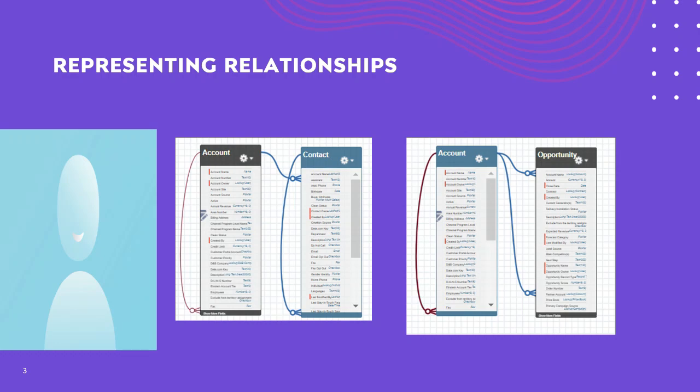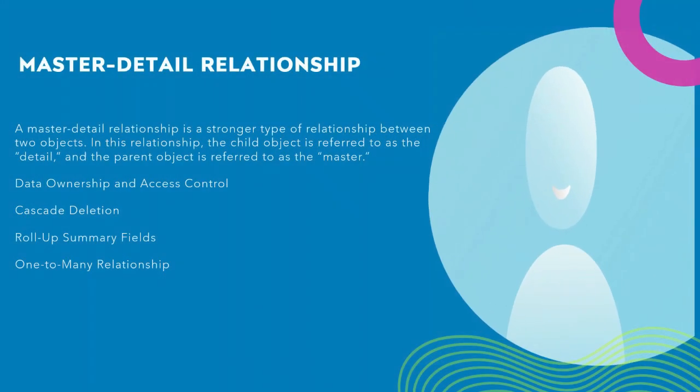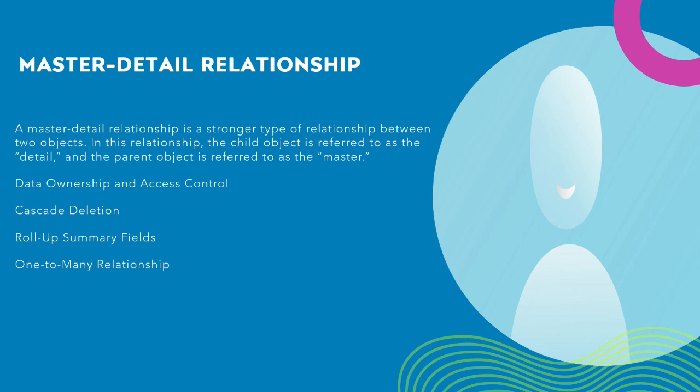In this way, in Salesforce, you can create a relationship. In the previous session you have seen the lookup, and today we'll see the master detail relationship, which is a stronger type of relationship between two objects, where the child object is referred to as the detail and the parent object is referred to as the master.